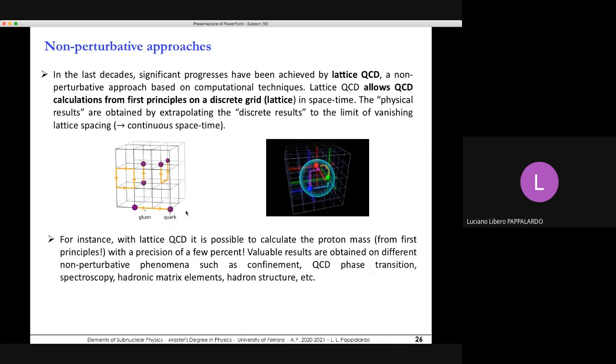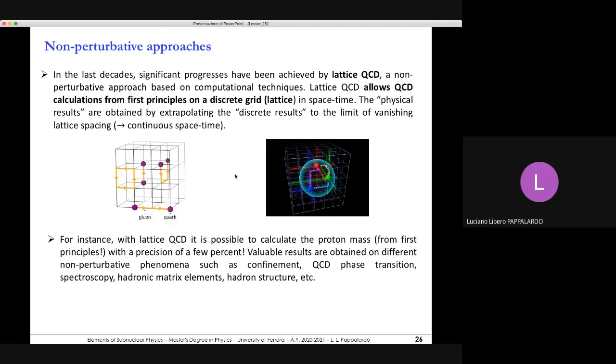Now, this is a very complicated technique, but it is now becoming quite accurate. For instance, today with Lattice QCD, it is possible to calculate the proton mass from first principles. It is a pure non-perturbative calculation with a precision already at the few percent level.